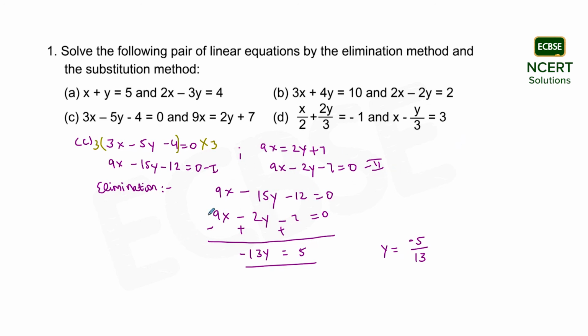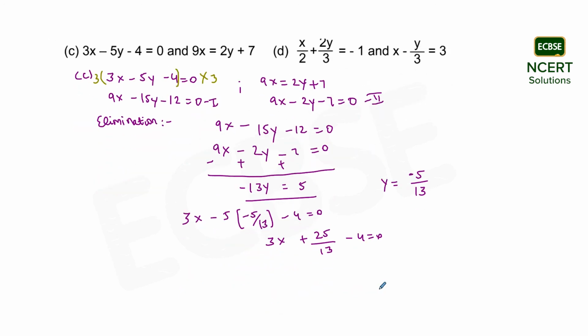Now put this value of y in any of the equations, either first or second, the choice is yours. Suppose I am putting this value of y in the first equation. So it will be 3x minus 5 into minus 5 by 13 minus 4 is equal to 0, or I can write it as 3x plus 25 by 13 minus 4 is equal to 0, right?